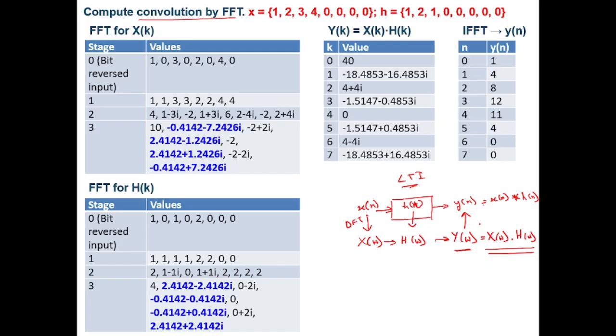Okay, you have to perform inverse DFT to get y(n). Okay, so in this way, we are avoiding the complex time domain convolution. Okay, but what you have to do is perform two DFTs and one inverse DFT.